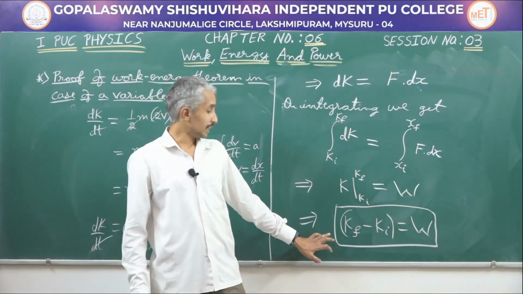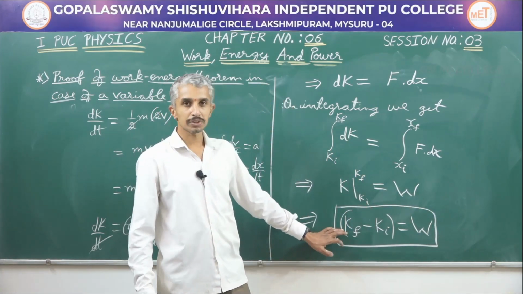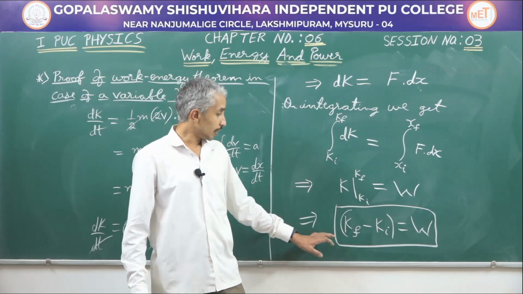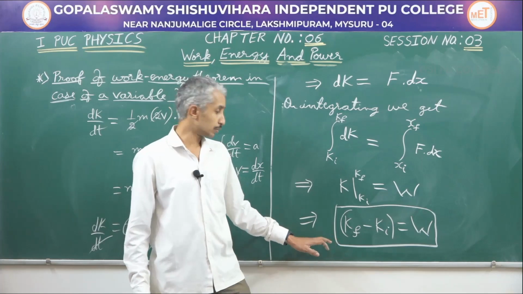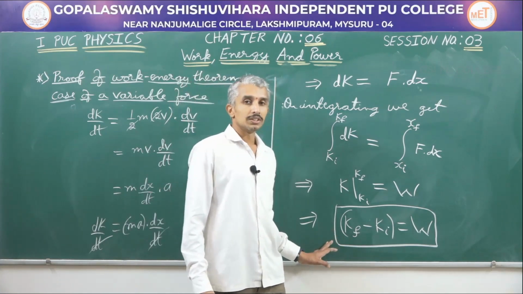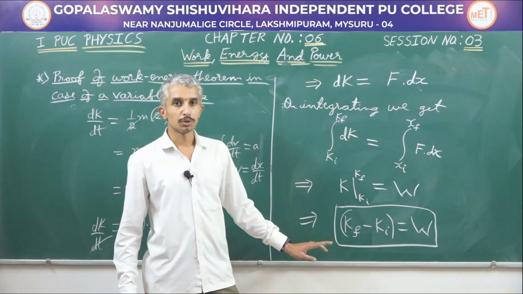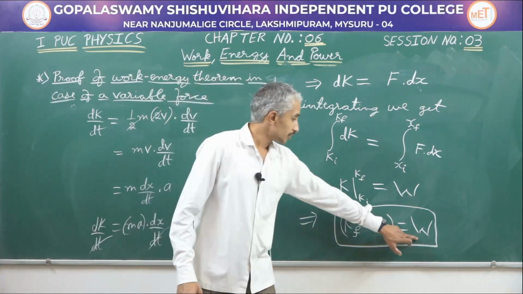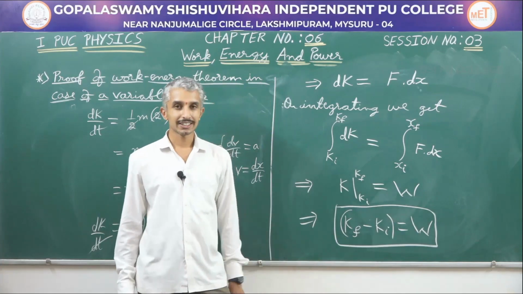We know this formula, we have derived the same in case of work energy theorem for a constant force. We got the same even in case of a variable force. So, we have proved that work energy theorem holds good even in case of a variable force. Work done by the variable force is equal to change in kinetic energy.